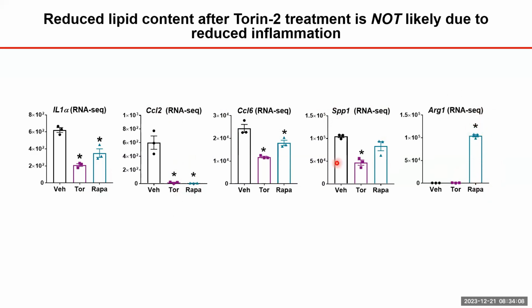And so since rapamycin also decreases pro-inflammatory cytokines but does not lead to reduced lipid content, we think it's not likely that taurine-2 is working simply by reducing inflammation.